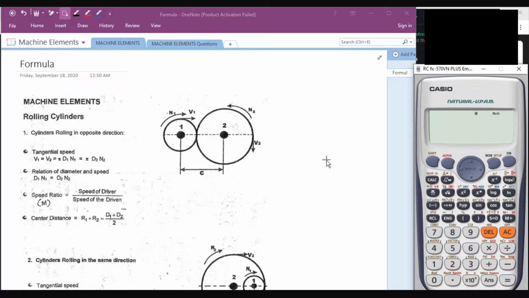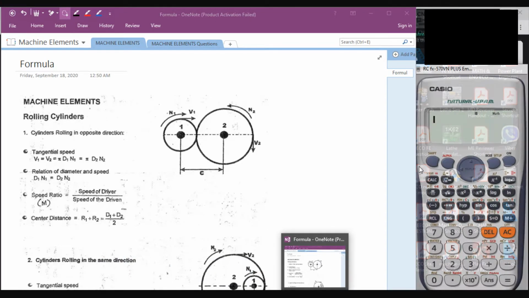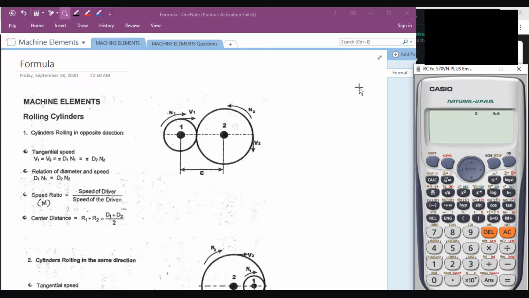Well, ang machine elements is more on calculation and projection of the motion of your machines. Hindi lang po yan drawing. Kaya tayo nagdo-drawing, it is for us to determine what are the speed, the final speed, the terminal speed of your rolling bodies in contact, yung linear speed of crank mechanisms, tapos yung mga cogs, yung gears, kasama siya sa machine elements natin yan. So, let us go with the rolling cylinders.